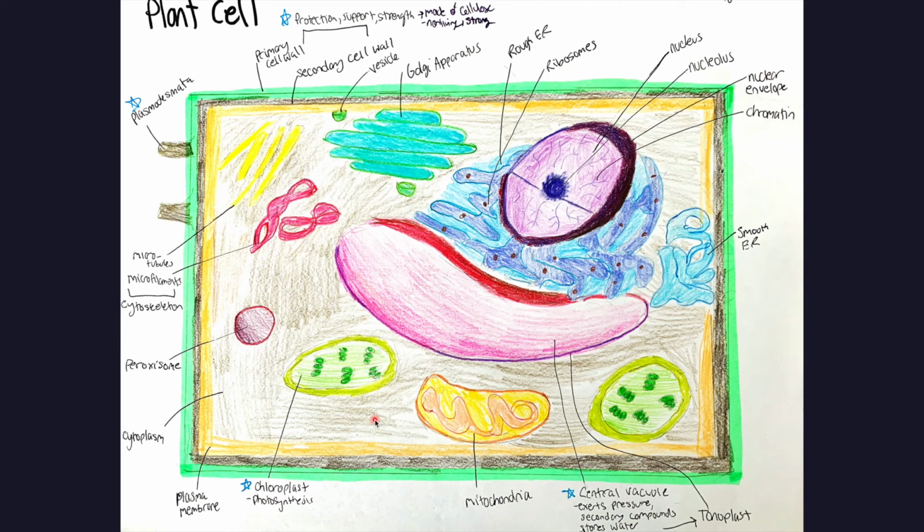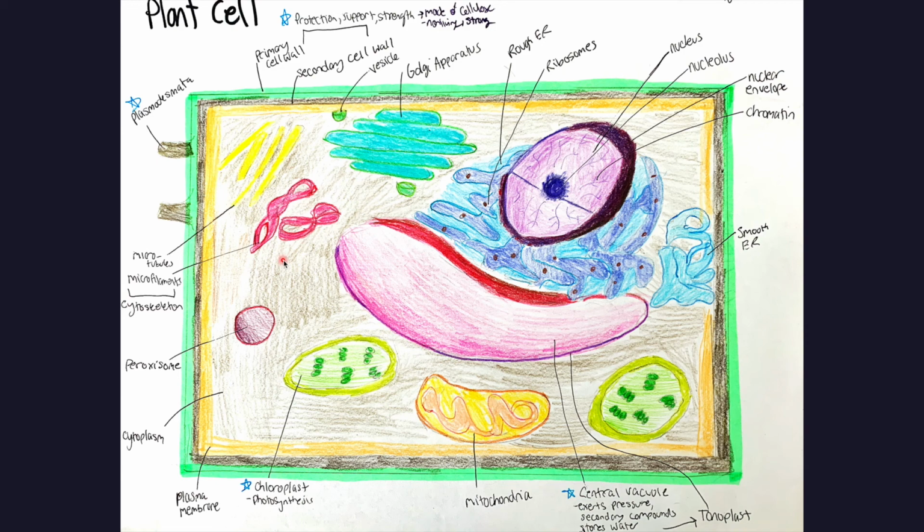The animal and plant cell share a lot of similarities. They both have a plasma membrane, cytoplasm, a nucleus, ribosomes, the rough ER, the smooth ER, the Golgi apparatus, vesicles, mitochondria, cytoskeleton, and peroxisomes.